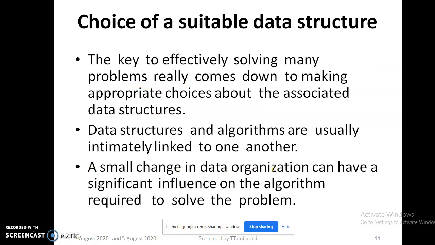Next is choice of suitable data structure. Already we know about data structures. Am I right? What are the data structures you know? What's the use of a data structure?